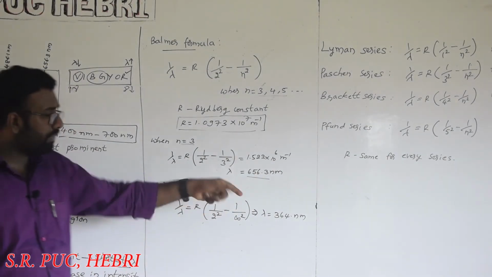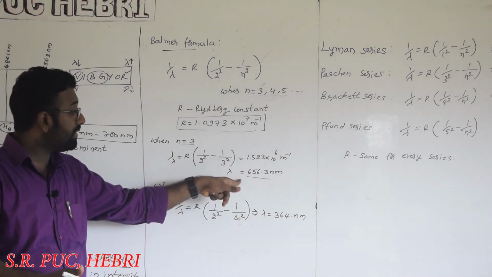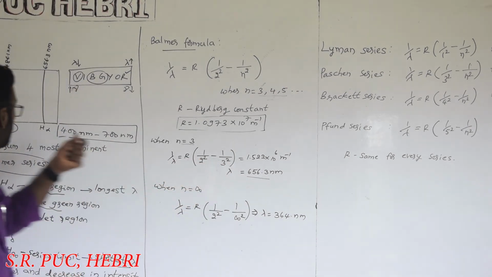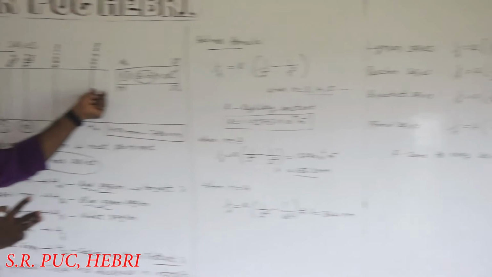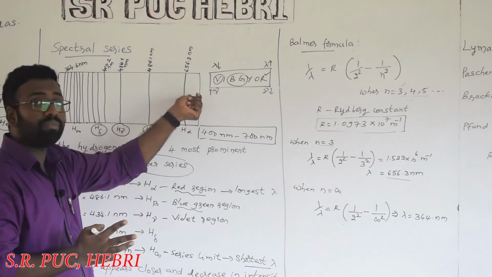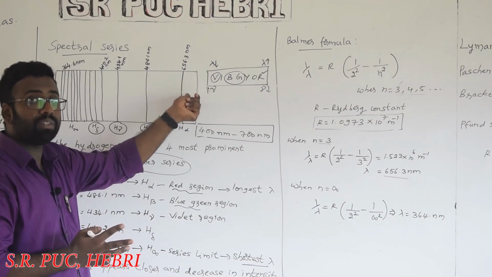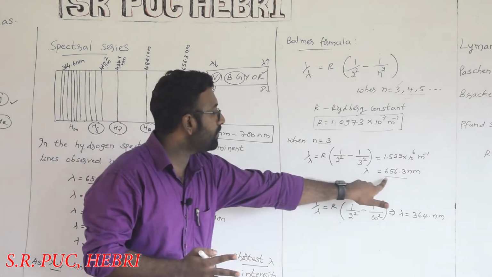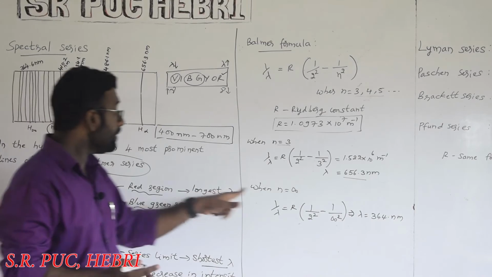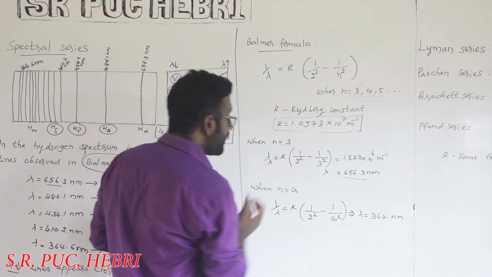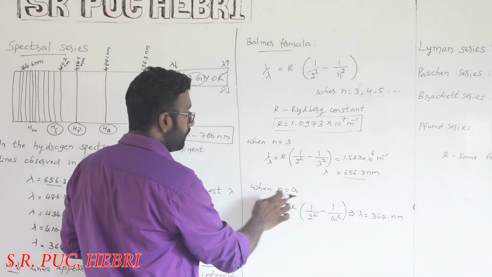Have you found this wavelength anywhere? You can come here and look at this. When the value is 3, you have the highest wavelength. This is the value of the wavelength, the same thing. Now, when you substitute n equal to infinity, what do you get?